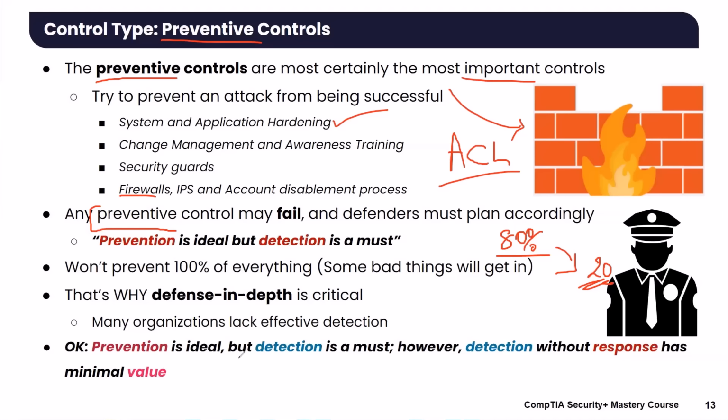But here's the thing, though. Detection without response is useless. There's a guy, Rob Joyce, whom I introduced to you already. He recently retired. I was looking at his LinkedIn, and he's talking about retiring. I'm looking forward to seeing what he does next.